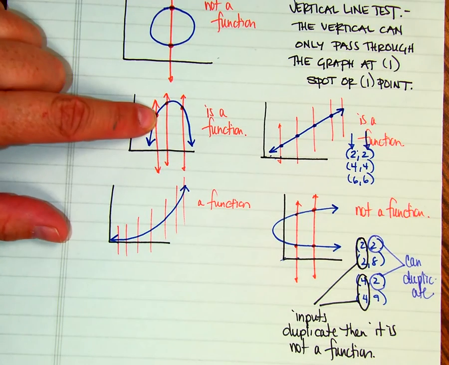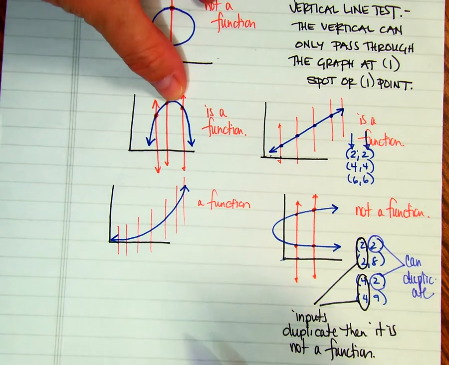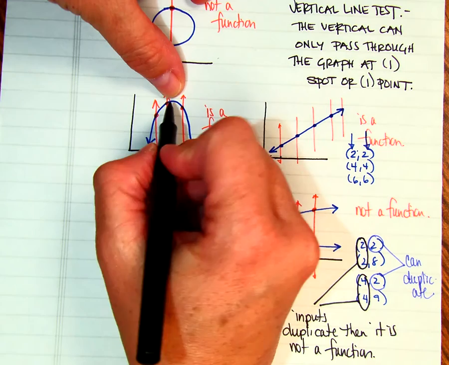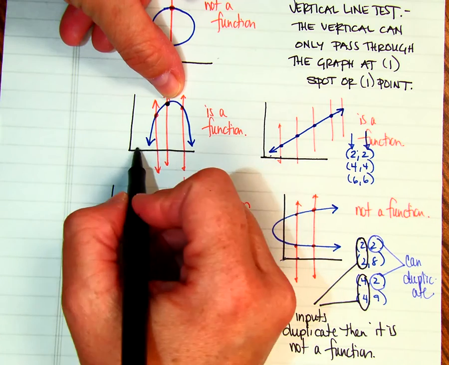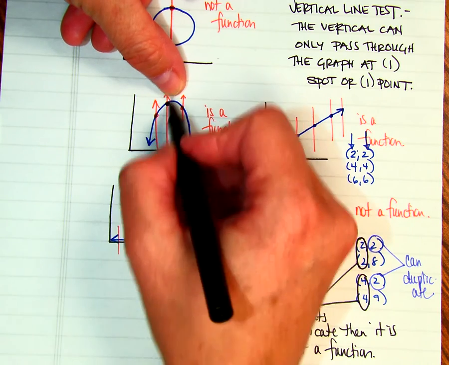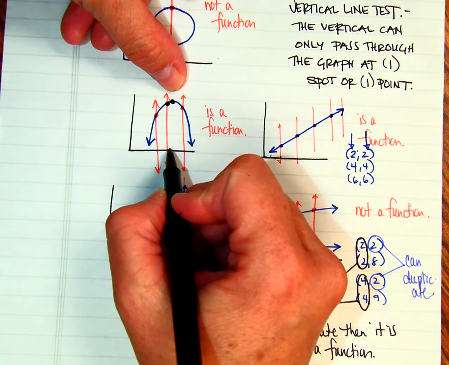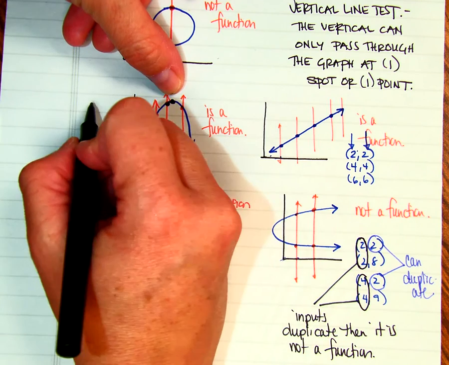Okay? So let's look at this graph right here. I might have this point, let's do like (6, 8).